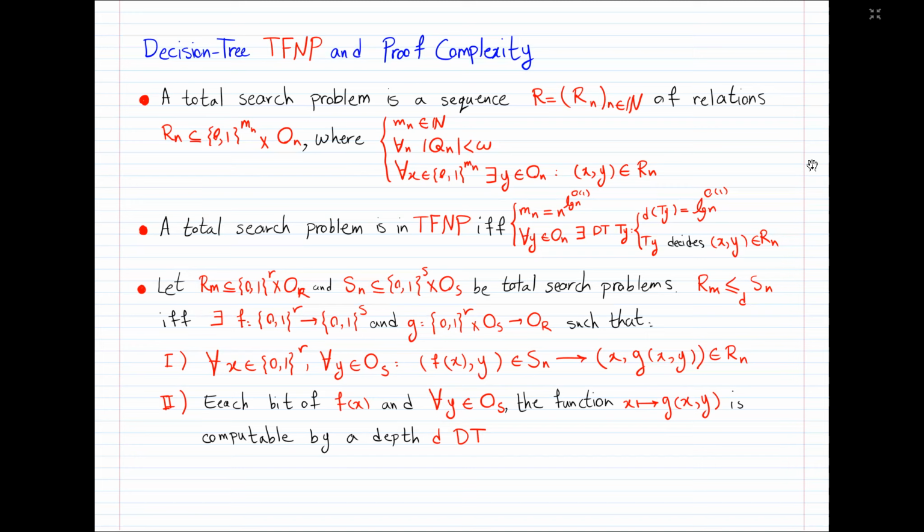And second of all, every bit of f(x), and also for each y in the solution space S, the function which maps x to g(x, y) should be computable by depth d decision trees.